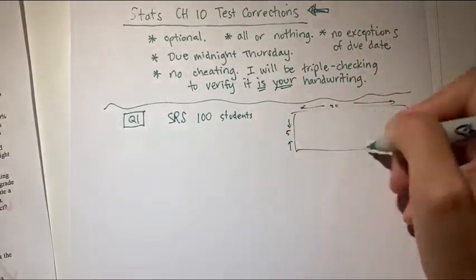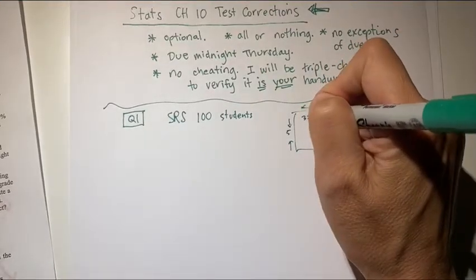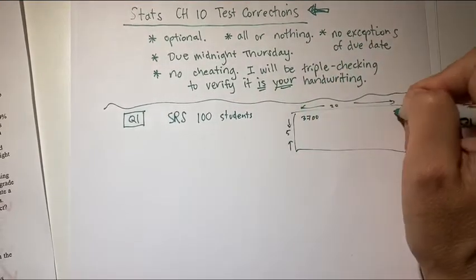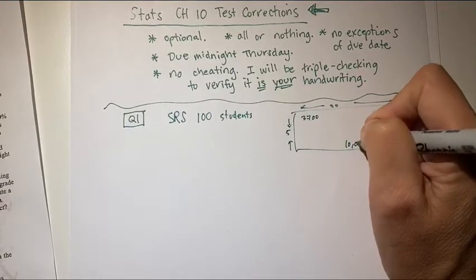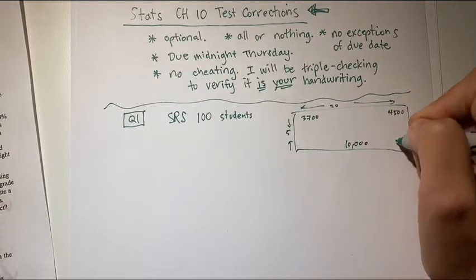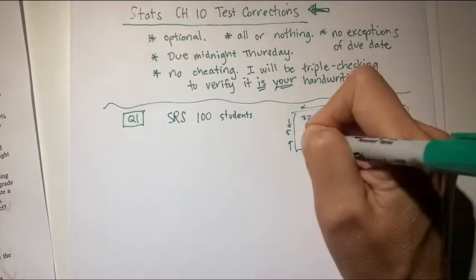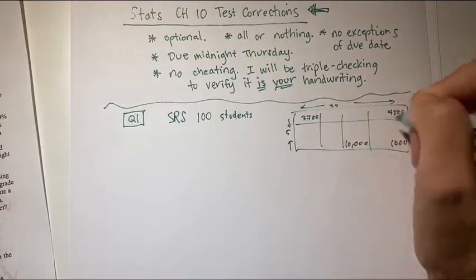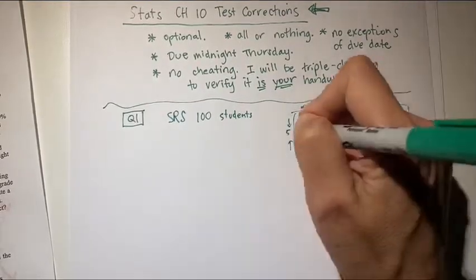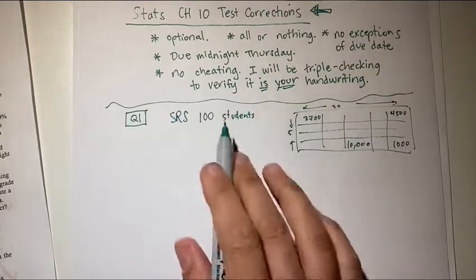And you can imagine each of these numbers. Like $3,700, maybe your friend makes $4,500, maybe you make $10,000, who knows? Maybe somebody else just makes 1,000. Imagine some possible numbers are populating this table of 100, and that this was a random sample of 100 students.